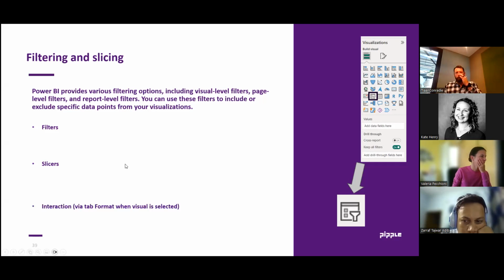An important thing, and we'll demo this as well, is the interactions. So you can think, if we have a slicer on a dashboard, the automatic and default position of that slicer is to slice all of your graphs.